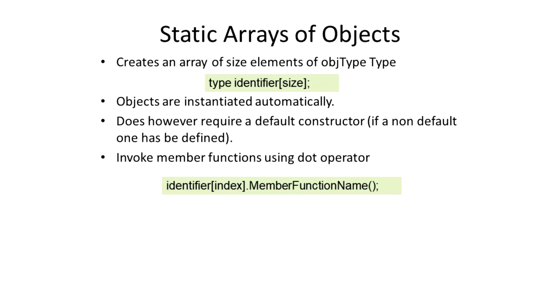And in this case, objects are actually going to be created automatically. So we don't actually have to declare the objects for each individual element, like we might have to declare the value for a primitive type. We'd actually have to specify all the different integer values. But declaring an array of objects of class type actually initializes those objects for us.